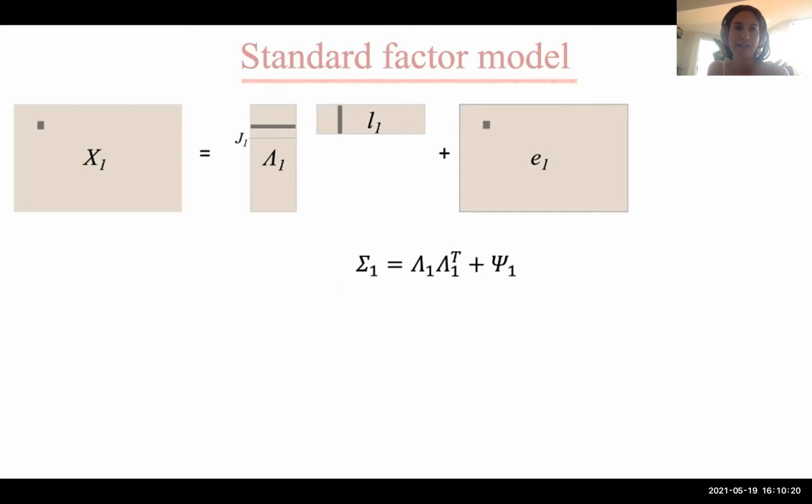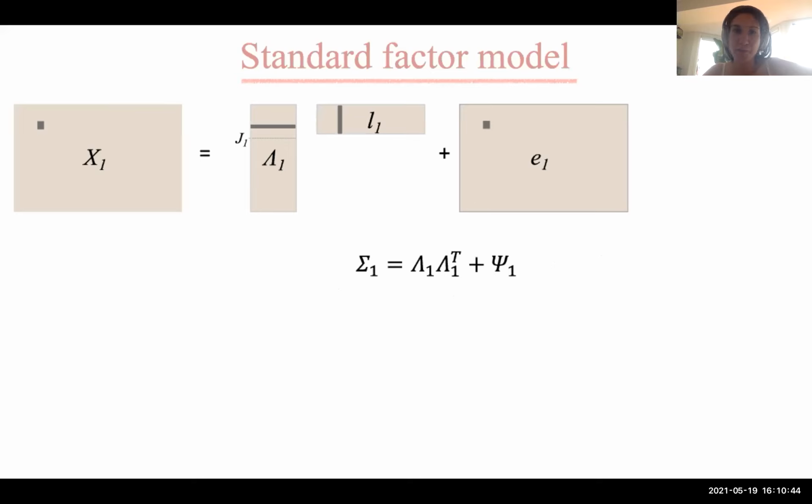So in the factor analysis, the covariance can be decomposed into one piece derived from lambda 1 transpose, that is related to the latent component. And the second piece, that is psi1, is the error term.